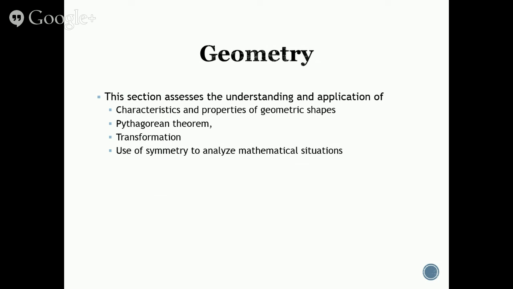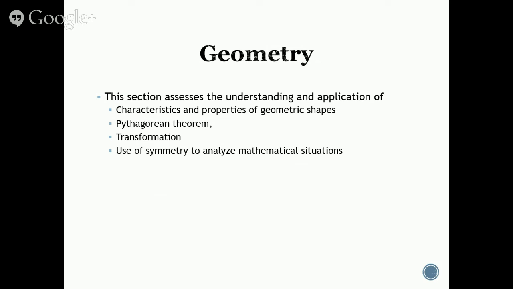Geometry, characteristics and properties of geometric shapes. So make sure you understand triangles, right angles, the different types of triangles, how to do area, perimeter, diameter of those different types of shapes, the Pythagorean theorem, transformation of different shapes, and the use of symmetry to analyze mathematical situations.